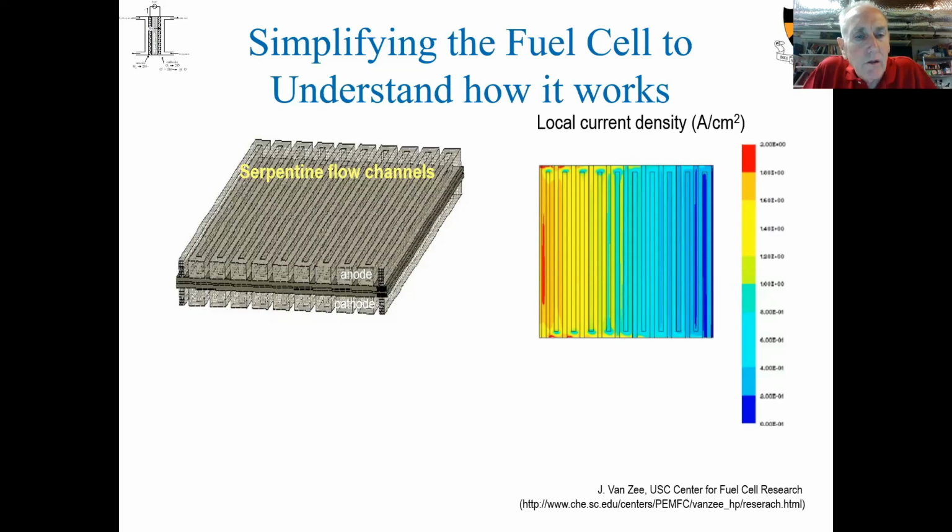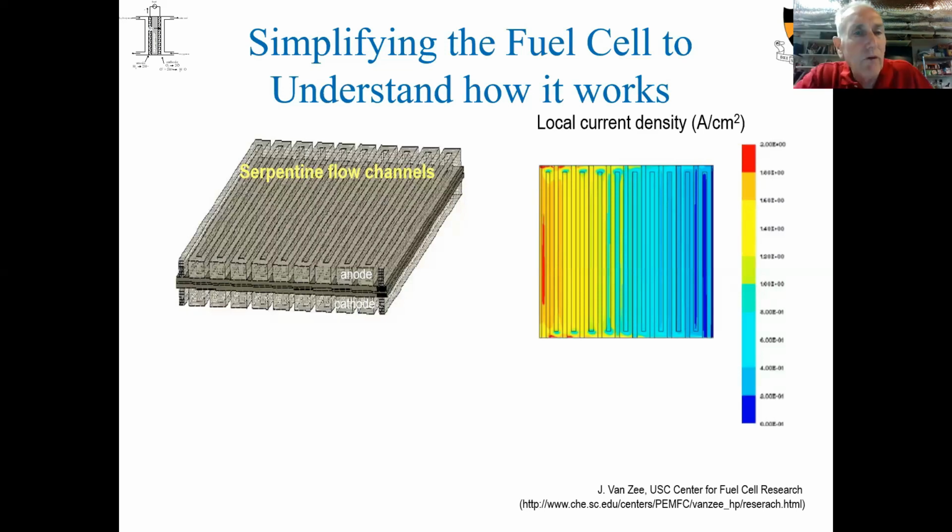We wanted to study how the hydrogen or oxygen concentration and the temperature affect the rate of reaction in the fuel cell. But the problem we came up with is that we were trying to measure the reaction rates.